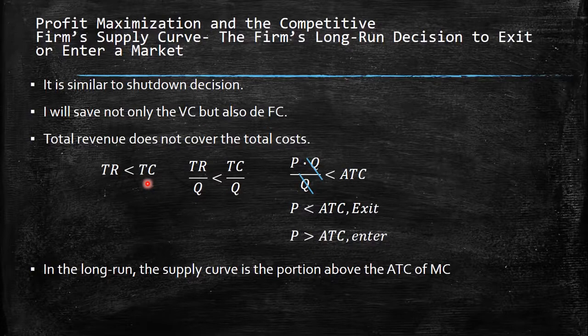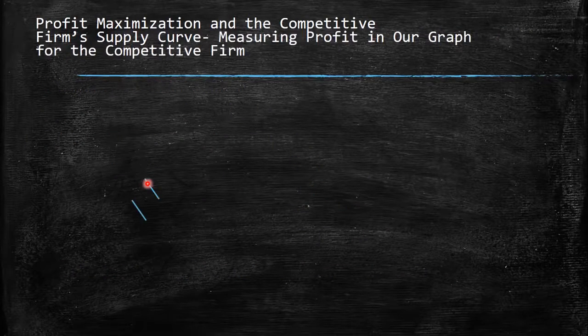In the short run, it was the portion above the average variable cost. And remember, in the long run there is no more fixed cost. So for this reason, the average total cost is exactly the same as the average variable cost, because the average fixed cost doesn't exist anymore.